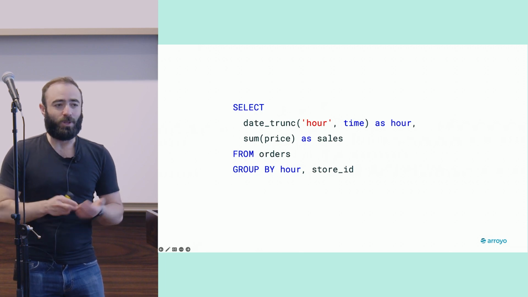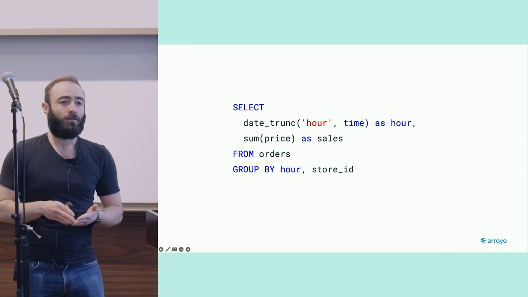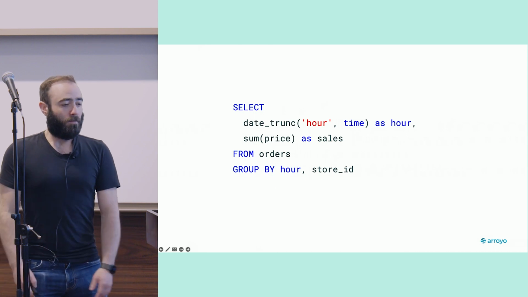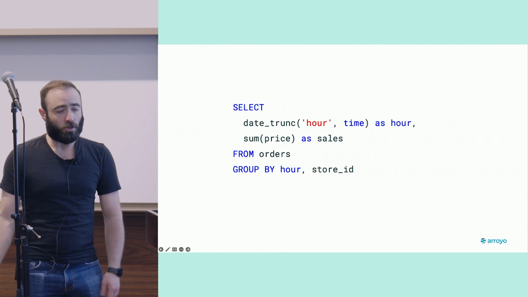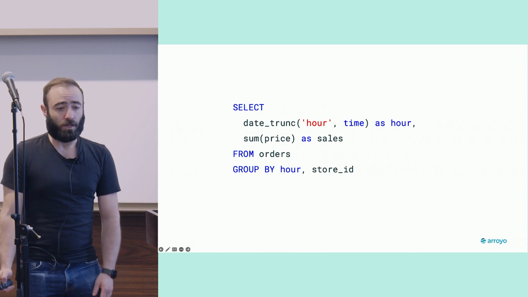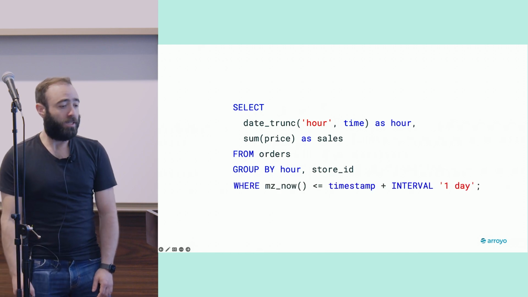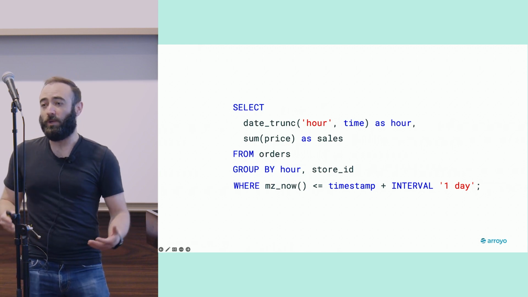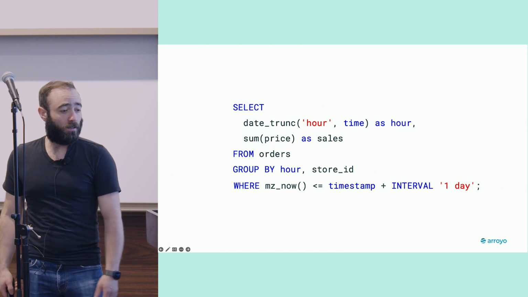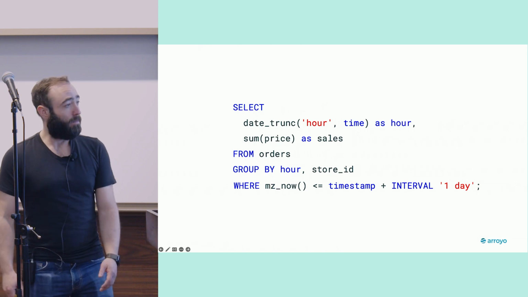But that means we really have to keep all of the data for all of time, even when we've long since passed this time period. And so in practice, these systems add a little bit of impurity, add some kind of TTL in order to tell us when we can actually remove data from our state, because otherwise our state just grows unbounded.